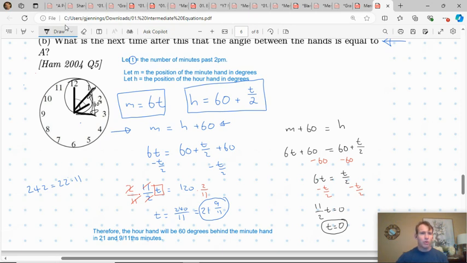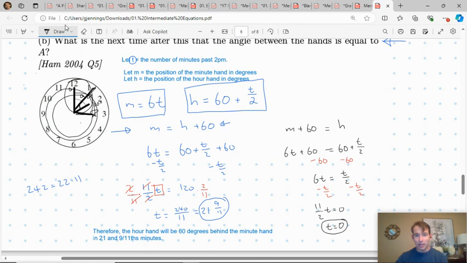Well, what if you add 360 degrees? Because think about it. This minute hand goes around 360, and then we go down here. So, from that point of view, now we want hour hand plus 300 to catch up with that one.